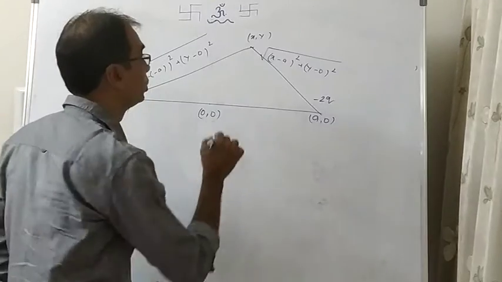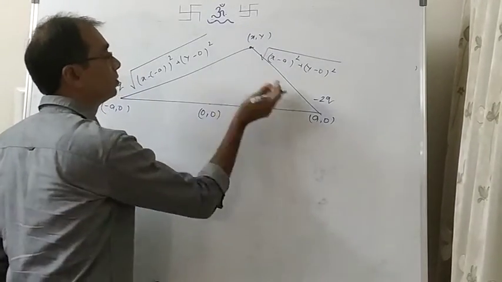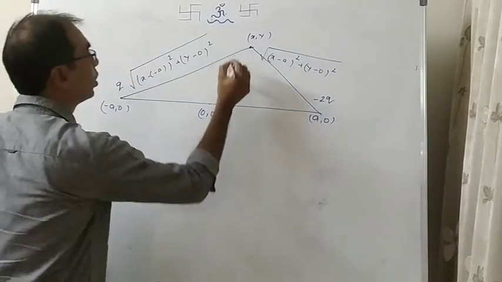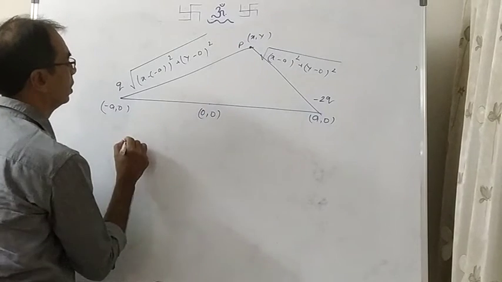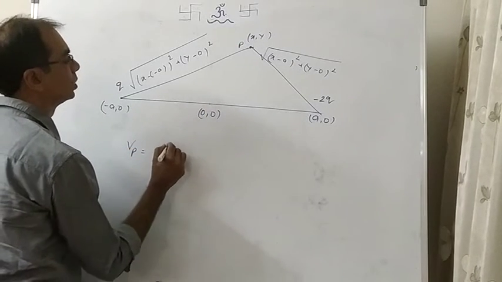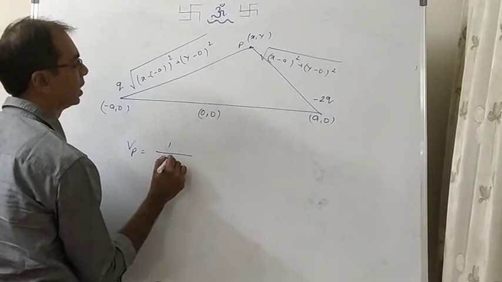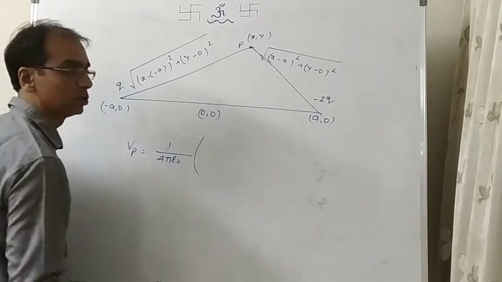Now I am going to write the potential because of the two. Let's say that point is P. So potential at point P is equal to 1 by 4 pi epsilon naught, which is common, so take it outside.